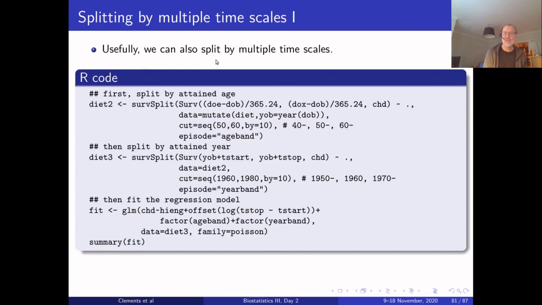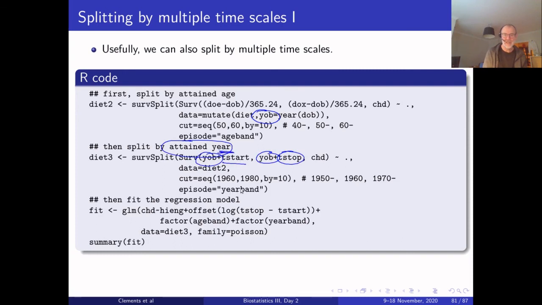Usefully, we can also split by multiple timescales. This is where things get quite exciting. So if you first split by attained age, and then we take the year of birth here, and we're going to use the year of birth plus t start and year of birth plus t stop to get attained year.